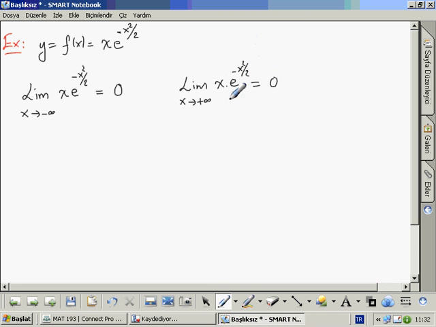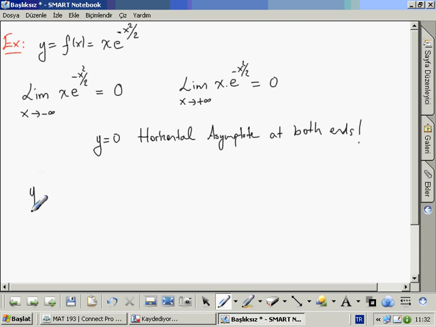So y equals 0 is a horizontal asymptote at both ends, minus infinity and plus infinity.